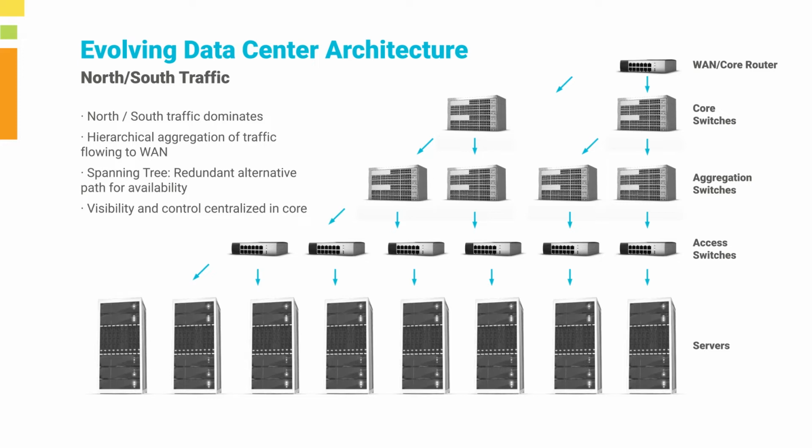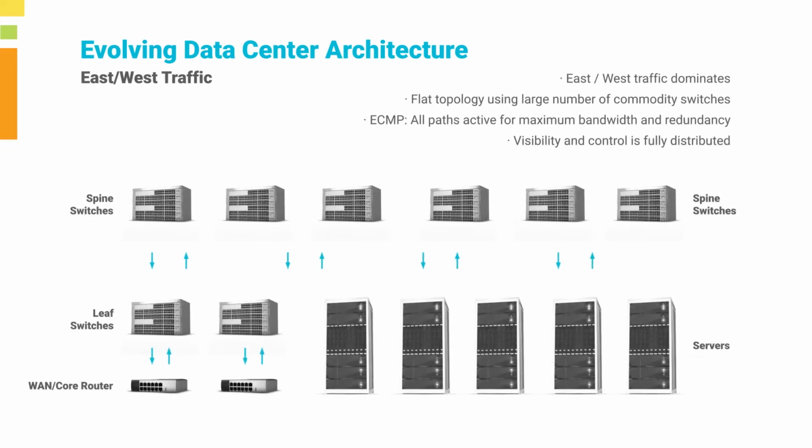But as you move to a scale-out leaf and spine architecture, you no longer have centralized traffic. Instead of having a few core devices, you now have potentially hundreds of commodity switches that are richly interconnected and provide equal cost multipath routing.